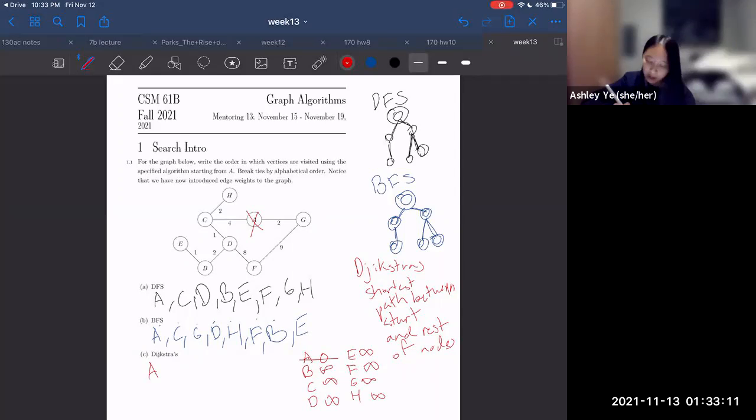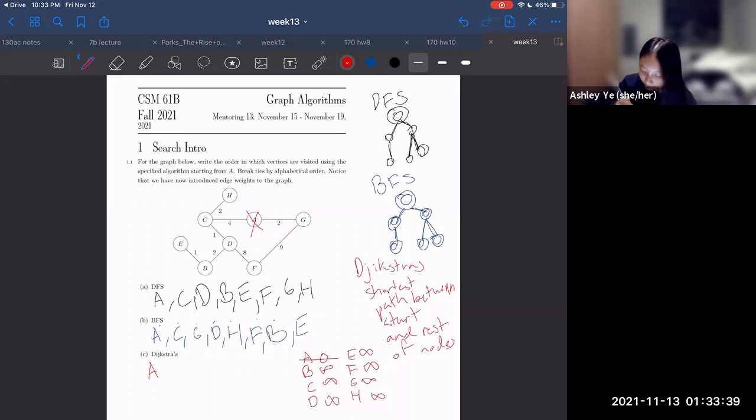So we visit A, and look at the path values to its neighbors, checking if each is less than the value we already have. A has a value of 0, and it has an edge of weight 2 to node G. So it takes 0 plus 2 time to get to G, which equals 2.